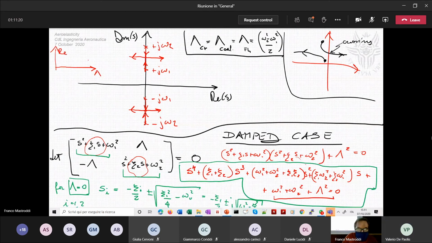In this case you have 0 everywhere until the critical value, and then this is the real part. The imaginary part here, we are talking about the first root.